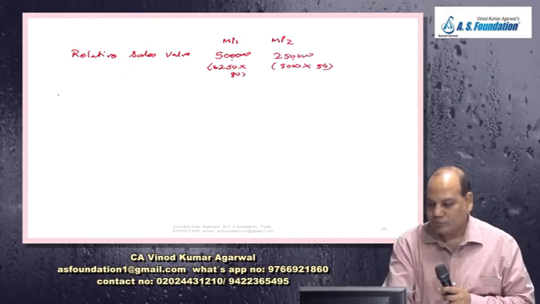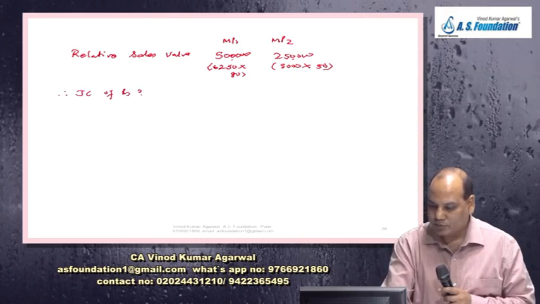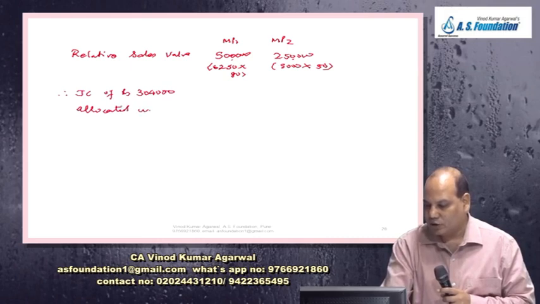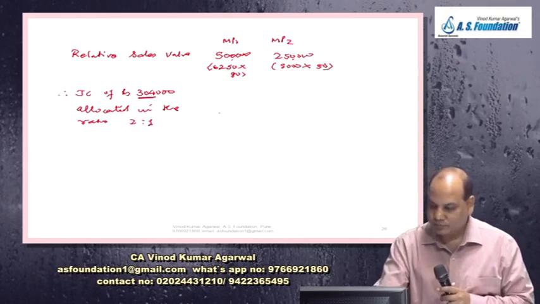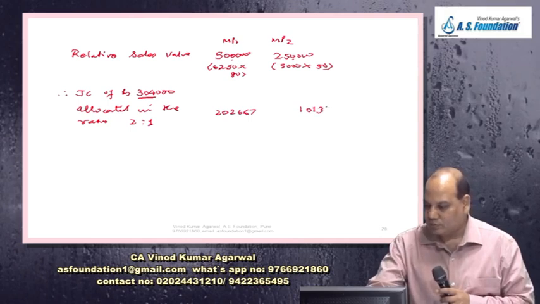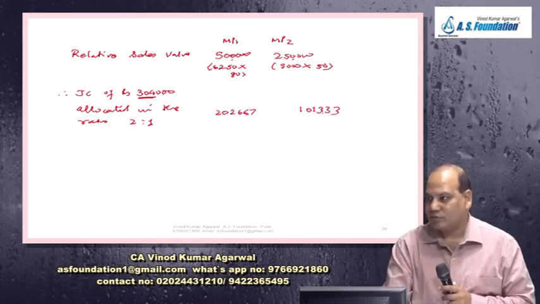2,50,000. Therefore joint cost of rupees 3,04,000 is apportioned in the ratio 2:1. So 3,04,000 into 2 by 3 is 2,02,667, and 1,01,333.